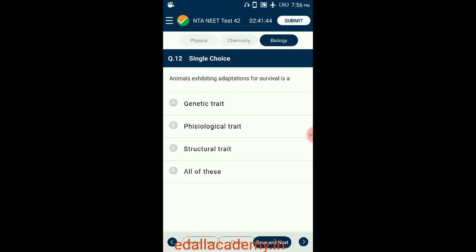It is a response made by an organism that helps it survive, or a physiological trait, which may be a body process that helps an organism to survive, reproduce, or a structural trait, that is a feature of an organism's body that helps it to survive or reproduce. So the correct answer for this question is all of these, option D.